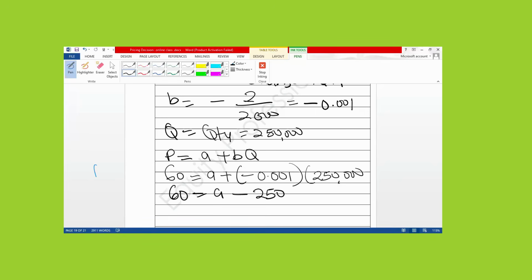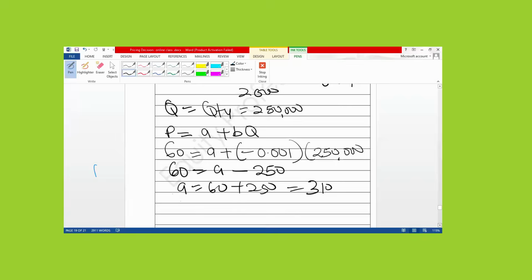What is your A? A is equal to 60 plus 250. That is 310. You have gotten your A. You can now return back.